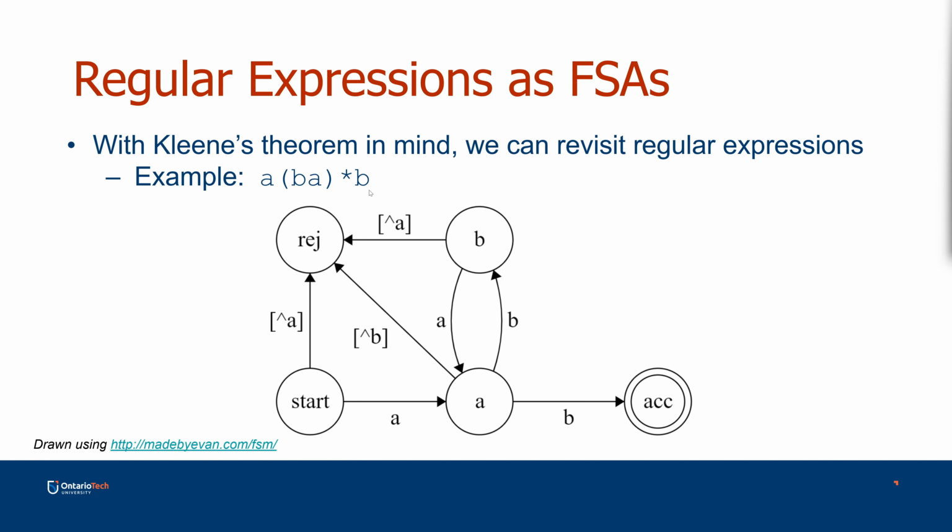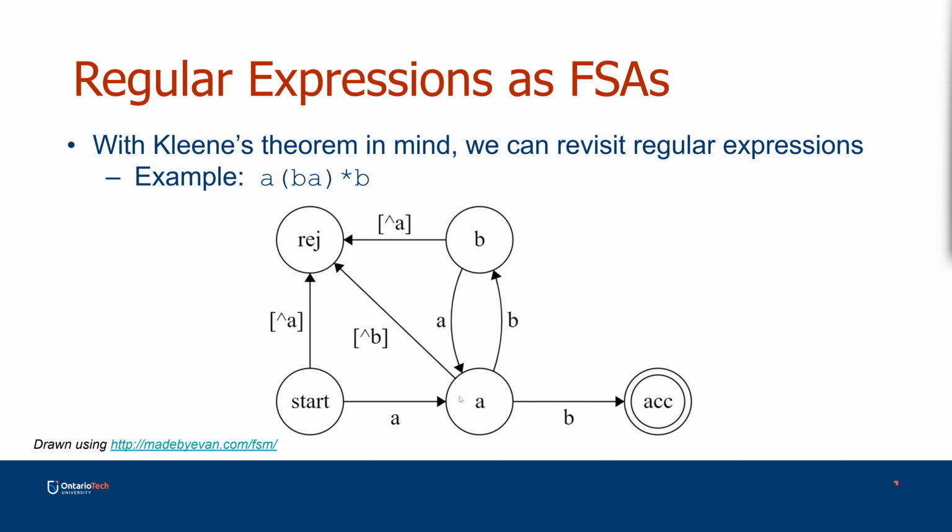So at the very end of the regular expression, we have a B, and if we get an A followed by a B, then we go to the accept state. ACC is the accept state here. And that just says, well, an A and then a B is actually acceptable. And then an A followed by BA followed by B is also acceptable. And then an A followed by BA, BA, B, that's also acceptable. So we can go around this loop here as many times as we want.